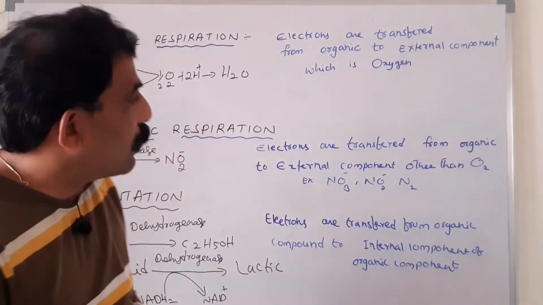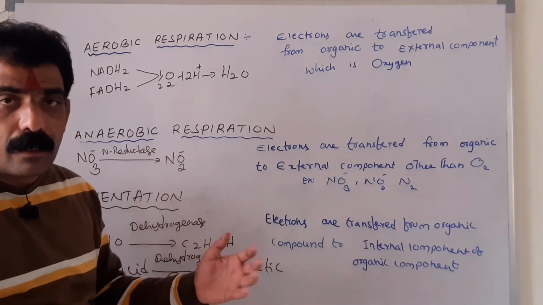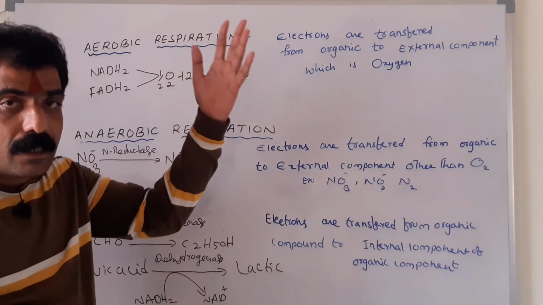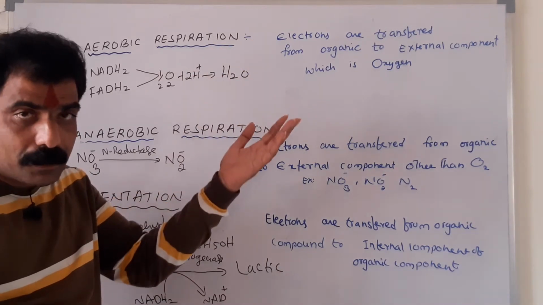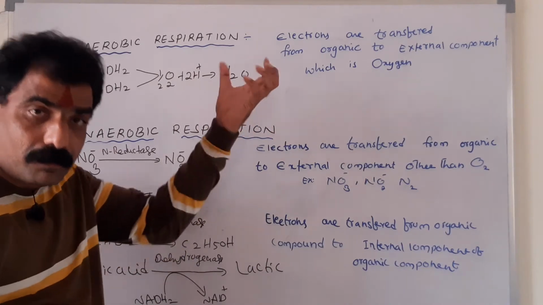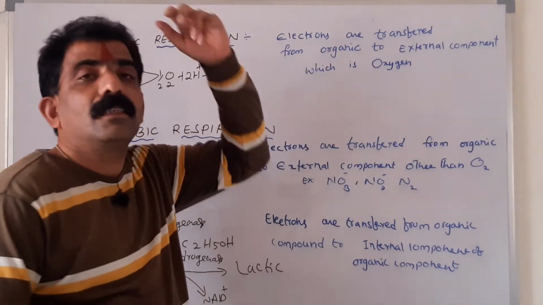Oxygen is an external component. So in aerobic respiration, electrons are transferred from organic compounds like malic acid, glyceraldehyde 3-phosphate, oxalosuccinic acid, or pyruvic acid, finally to oxygen.